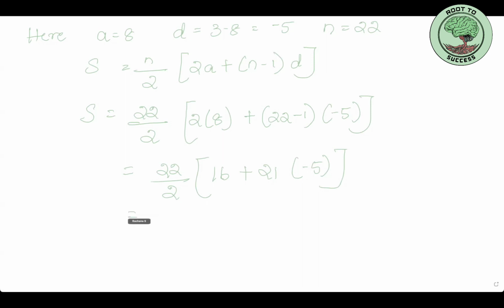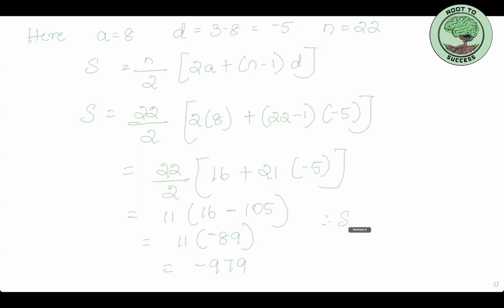S is equal to 11, since 22 divided by 2 will be 11, and 16 minus 105, because 21 into minus 5 will be minus 105, which will be 11 into minus 89. So 11 into 89 will be minus 979.